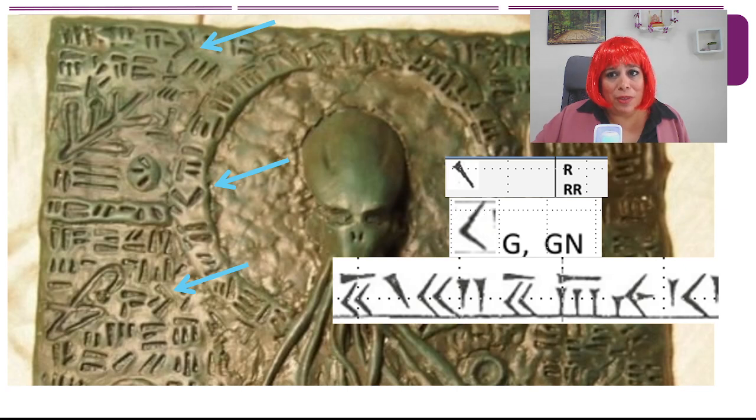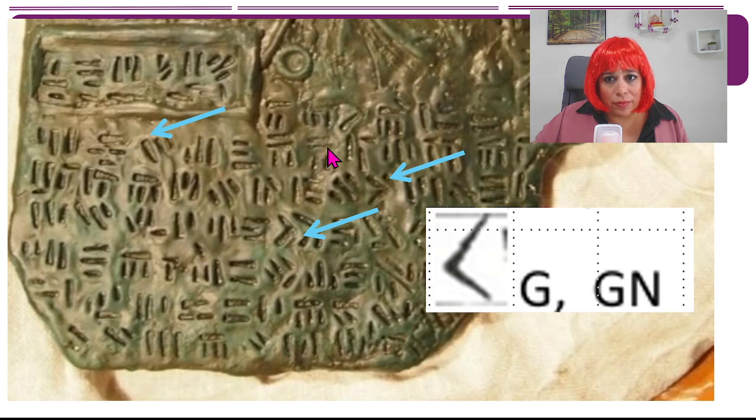But we have the first struggle here. You can see here the G, or here, or here, or here, for example. The Gs are facing the inverse. It's inverted.